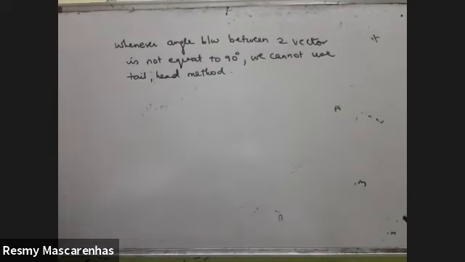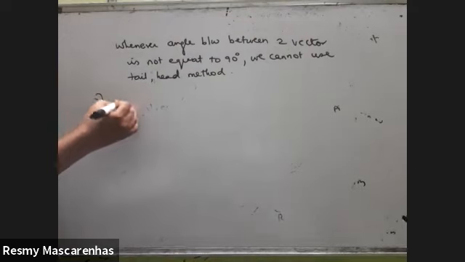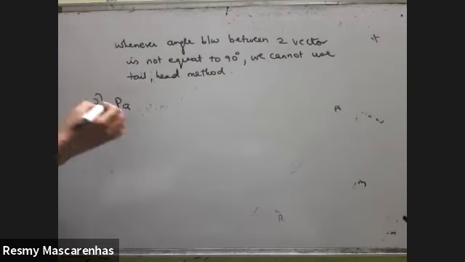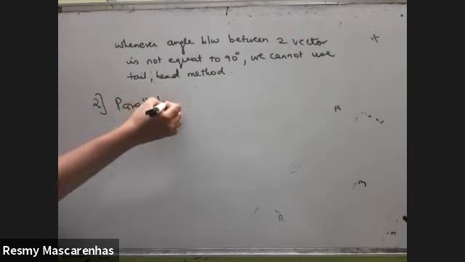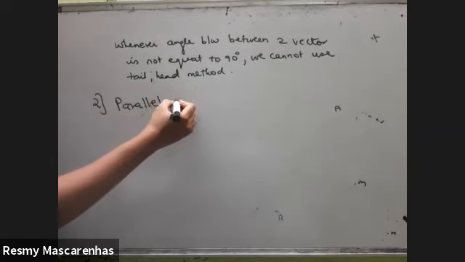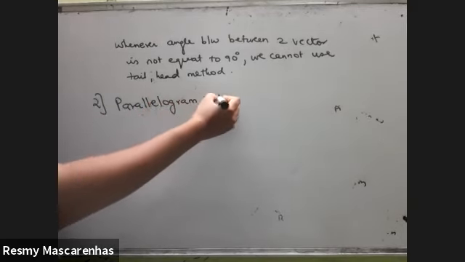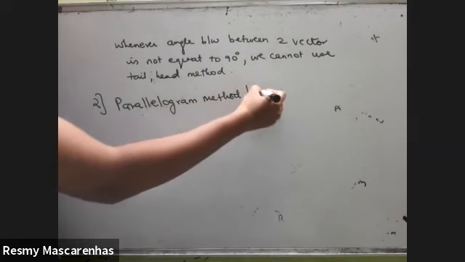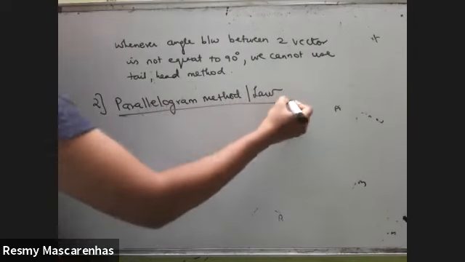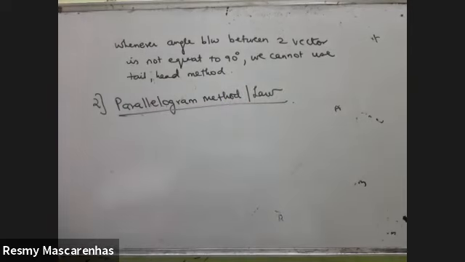That's why we have to use the second method, which is called the parallelogram law or parallelogram method. So what we have to do is just draw one diagram and derive, in this case, how to calculate the resultant.